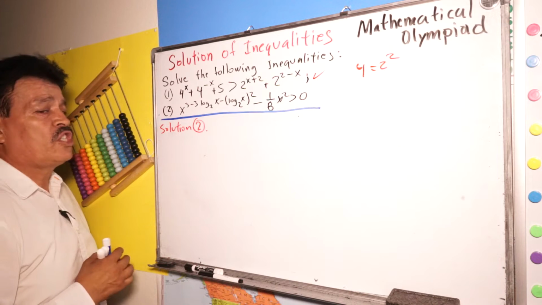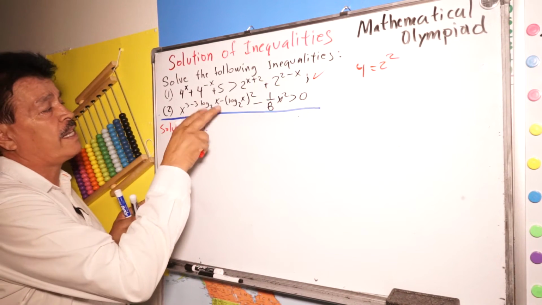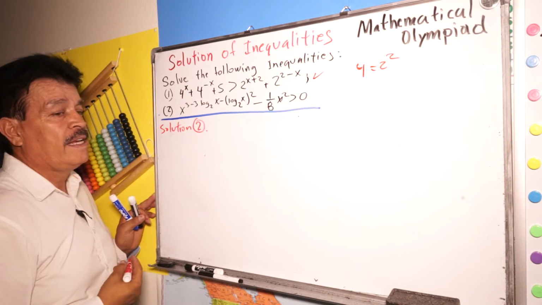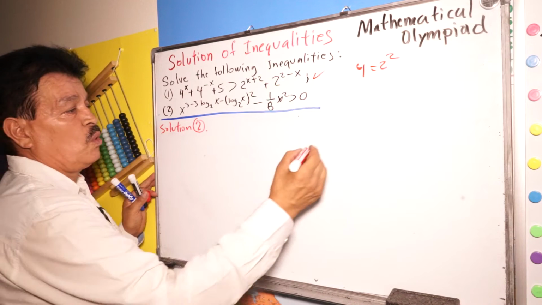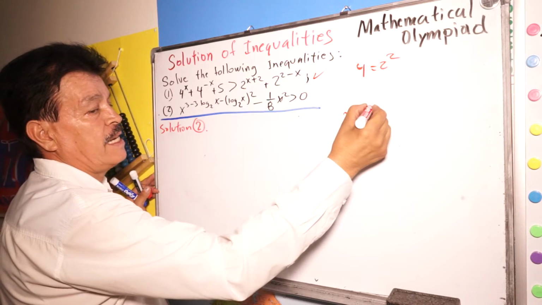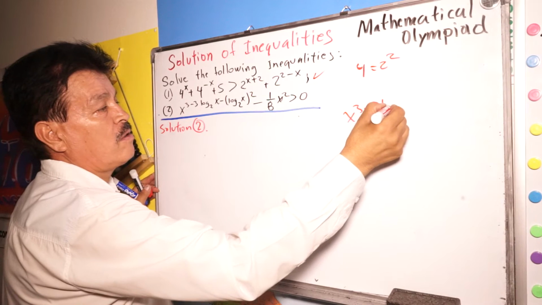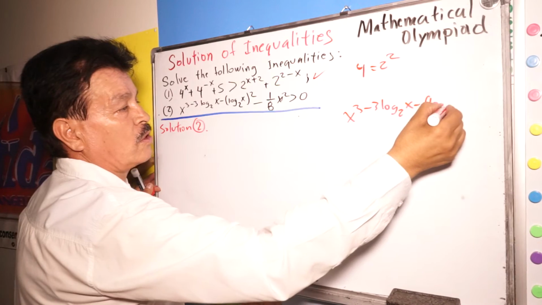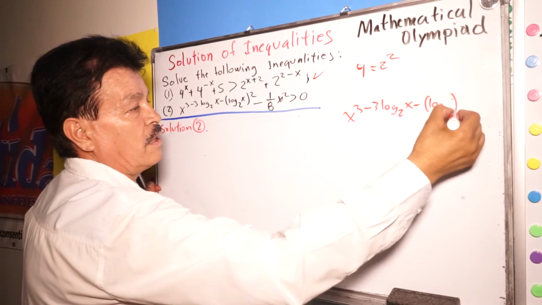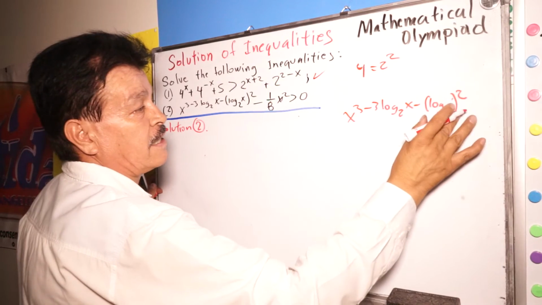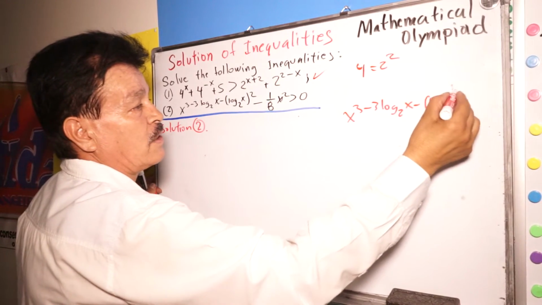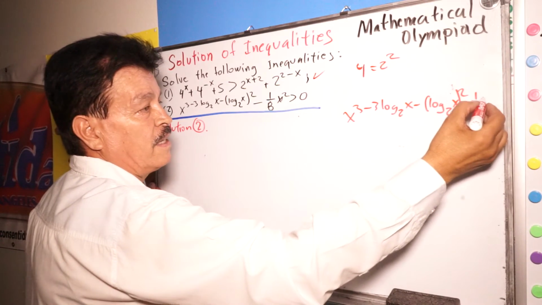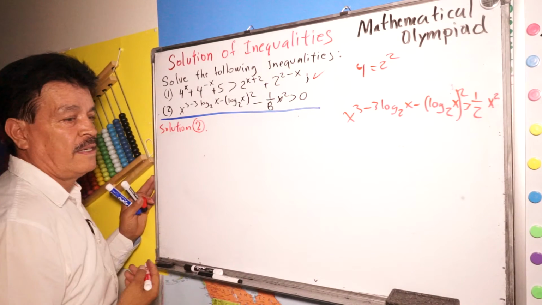Considering the relationship between the exponential and the logarithm, we can transform the inequality into x to the third power minus 3 log 2 x minus log 2 x to the second power, x to the second power greater than 1/8 x to the second power.